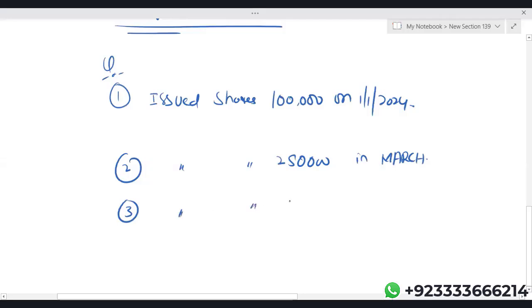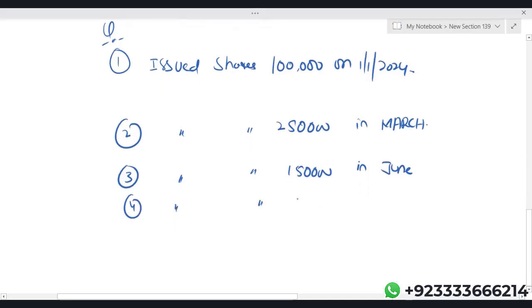Let's say issued 150,000 shares in June. Let's say issued 300,000 shares in December. Profit after tax, let's say it is 750,000.